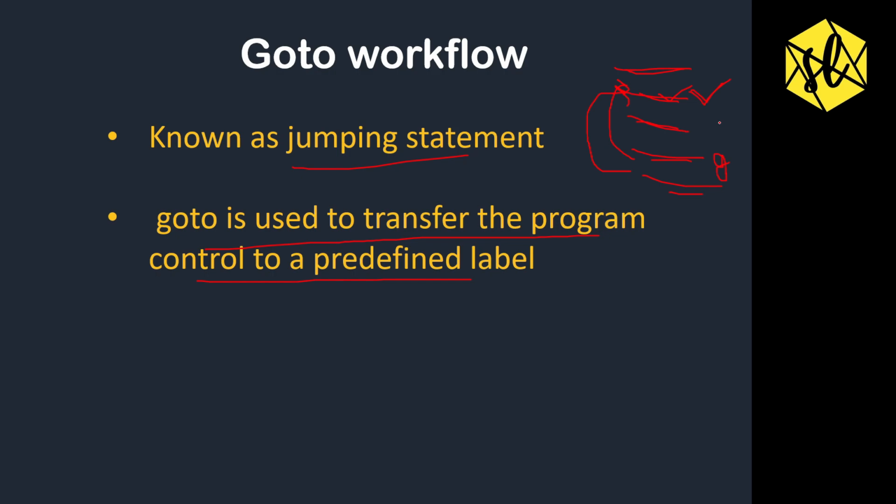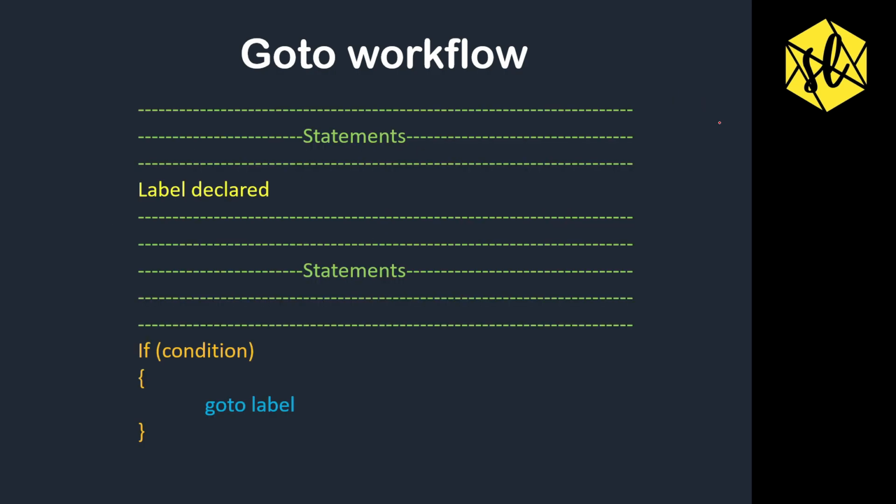Now let us understand the goto statement workflow. You see, we have a few statements here. Our program goes from something like this. Then we have declared the label. After that, there are many statements. After that, we have said that if condition, goto label. This means we are asking goto to change the program control from here directly to here as long as this condition is true. Now let's say this condition is true for 5 cases, 5 iterations you can say.